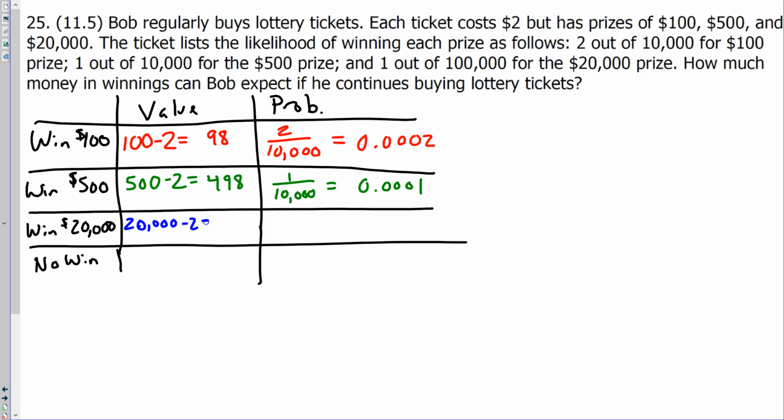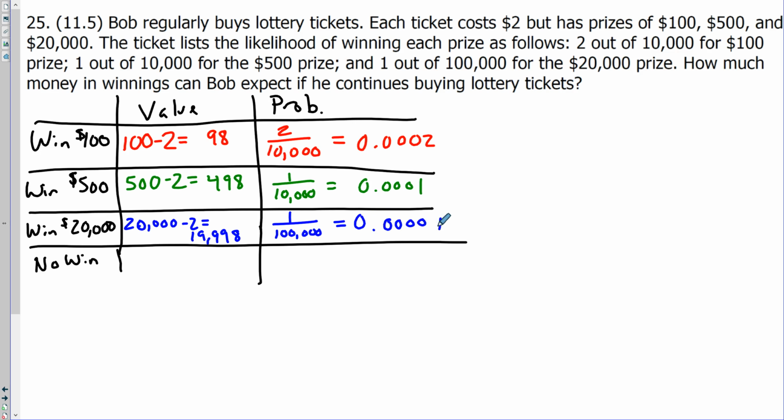But again, he had to pay $2, so his actual winnings would be $19,998. The likelihood he won that prize was 1 out of 100,000, and as a decimal, that would be 0, followed by 4 zeros after the decimal point, and then a 1.